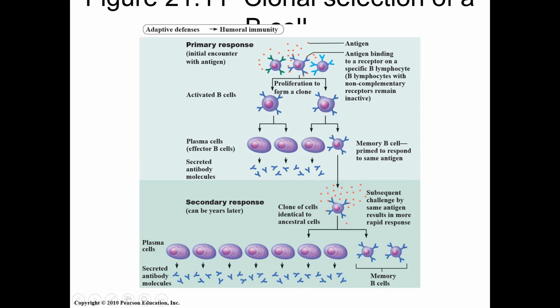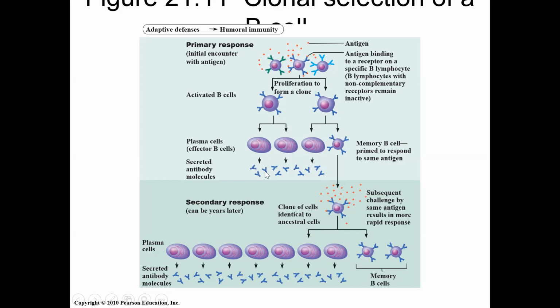Okay, so this mitotic process will make a lot of the same B cells, which will have the same receptors on the surface, and then they differentiate to make plasma cells. And all these plasma cells, the function is to make more of the same receptors.